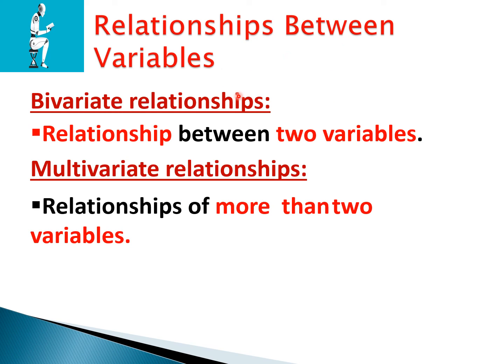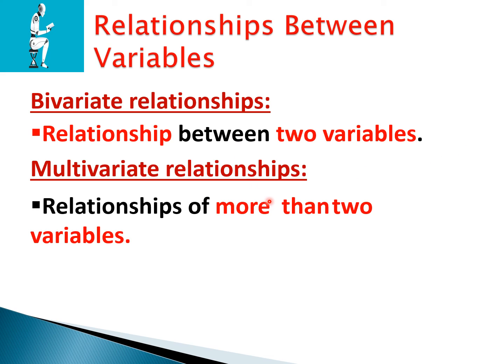Then, relationships between variables. Mainly two types of relationships exist: bivariate and multivariate. A bivariate relationship is a relationship between two variables, and a multivariate relationship, as the term itself suggests, involves more than two variables.